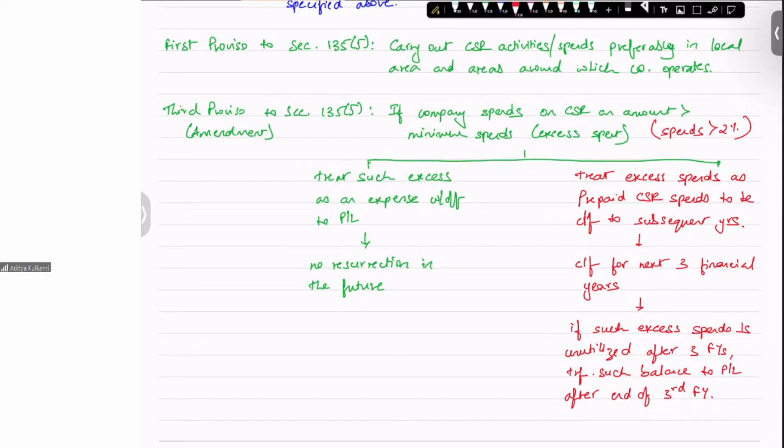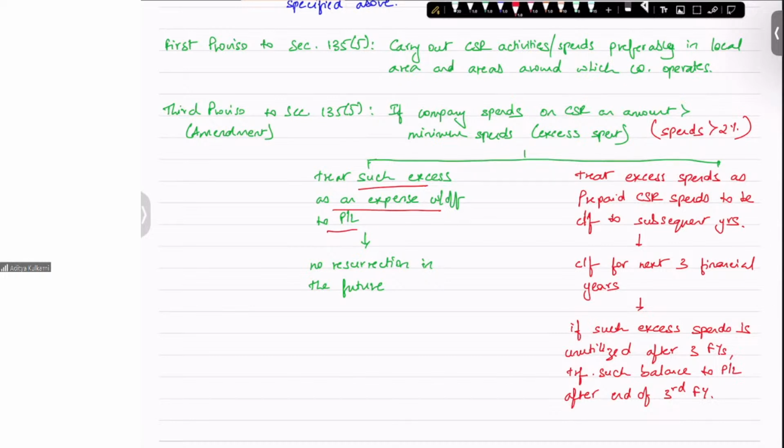The first option: treat such excess as an expense and write it off to the P&L. Now this came in as an amendment. पहले ये था नहीं, आपने incur किया, so that becomes an expense. So here the act is giving an option. The first case is you can treat it as an expense and write it off to the P&L.